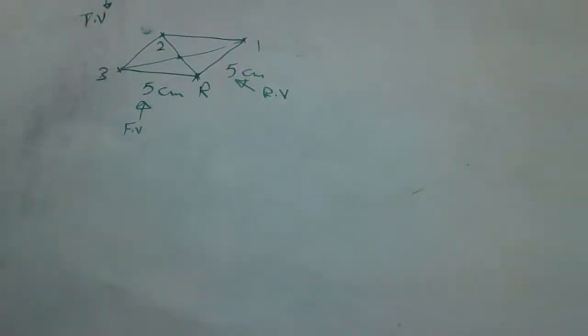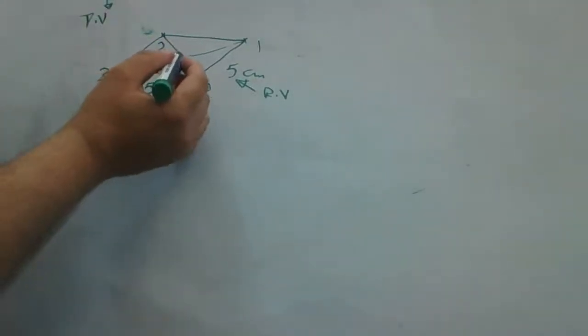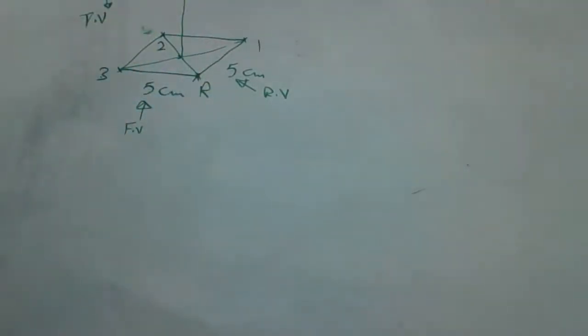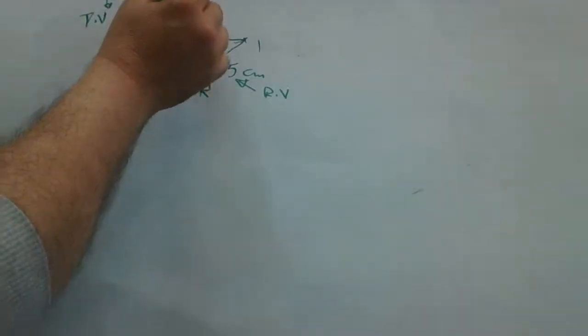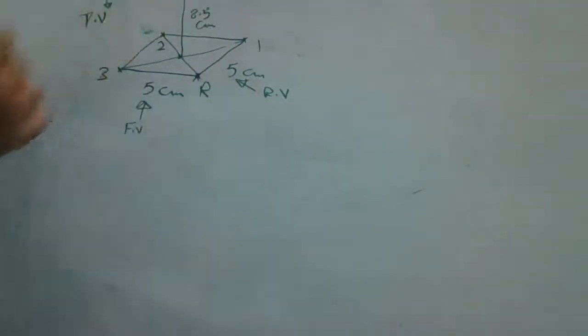Okay, now to draw the height of the pyramid, we can choose the center point of the basement and go up with a given height of about 8.5 centimeter, and this is the head point of the pyramid.